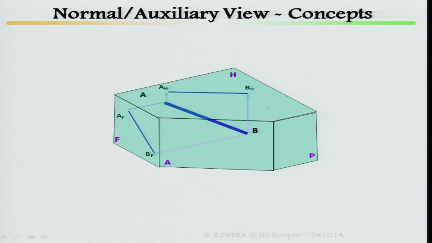Now, I want to draw the true length, where the line has to come as a true length in the auxiliary plane. So, A means auxiliary plane, P means profile plane, F means frontal plane, H means horizontal plane. True length appears in the auxiliary plane. So from here, what is the distance you are going to take?